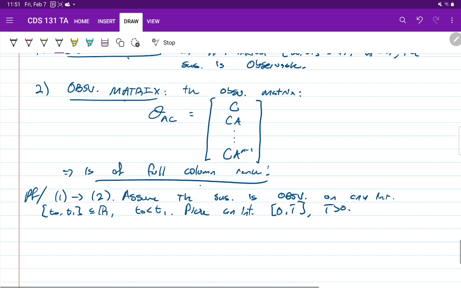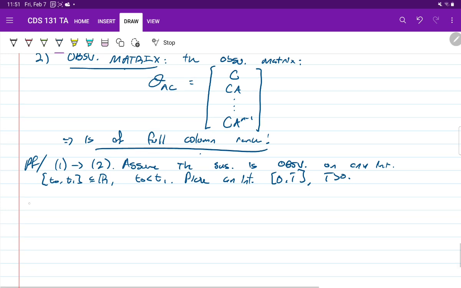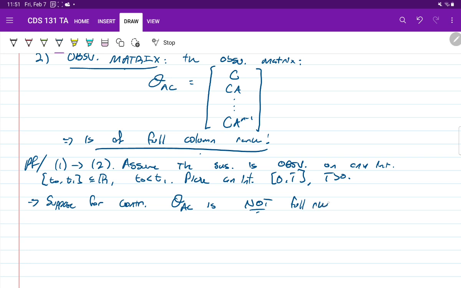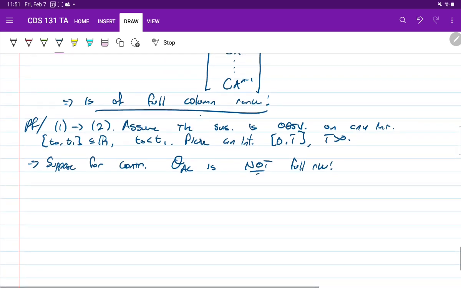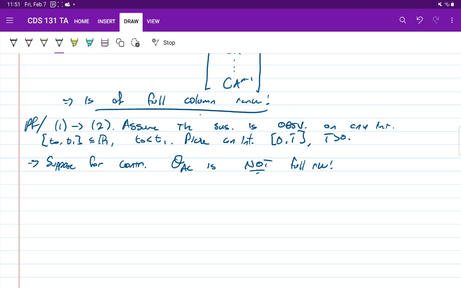Okay, let's try to prove this by contradiction, right? So let's suppose for contradiction, O_AC is not full rank. All right, now what does that mean? Well, that means that there exists some vector in its null space which is non-zero, right? So there exists a v which is non-zero such that O_AC times v equals 0, right?